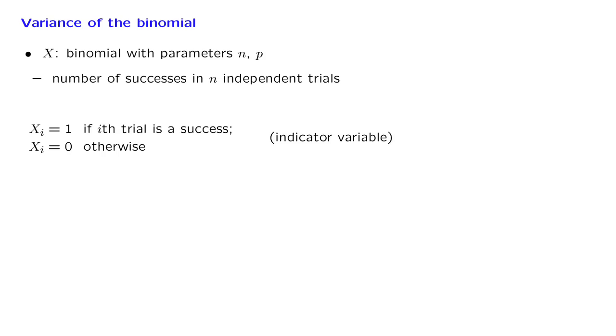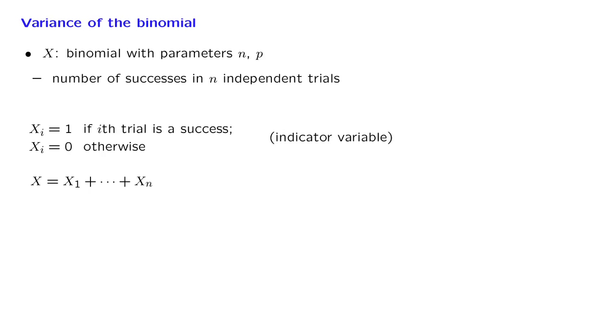So the random variable Xi is equal to 1 if the ith trial is a success and is a 0 otherwise. And as we did before, we note that X, the total number of successes, is the sum of those indicator variables. Each success makes one of those variables equal to 1, so by adding those indicator variables, we're just counting the number of successes.